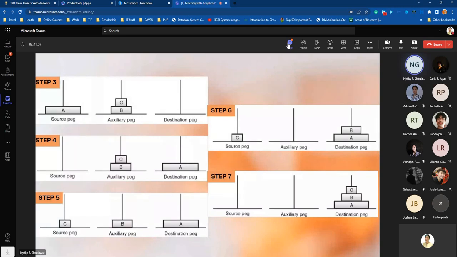Finally, we transfer the n-1 disks on peg 3 to peg 2 using h sub n-1 moves, placing them on top of the largest disk, which always stays fixed on the bottom of peg 2. This shows that we can solve the Tower of Hanoi puzzle for n disks using 2h sub n-1 plus 1 moves.